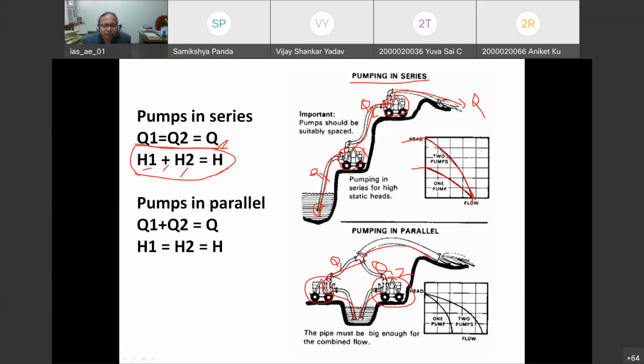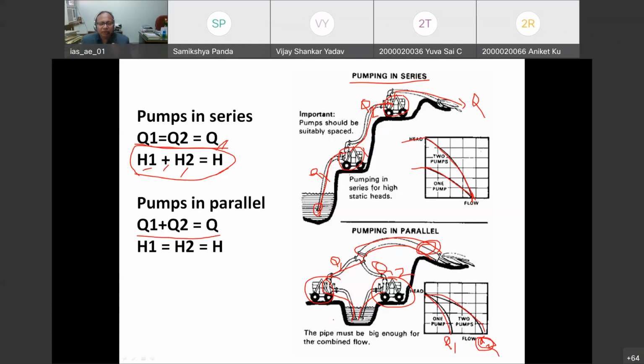Because of the single pipe, we require a larger diameter pipe, because Q will be Q1 plus Q2, meaning we can get higher discharge. You can see from this figure that one pump gives the discharge Q1 and the other pump gives Q2, so the total discharge will be Q1 plus Q2. So this is the Q condition.